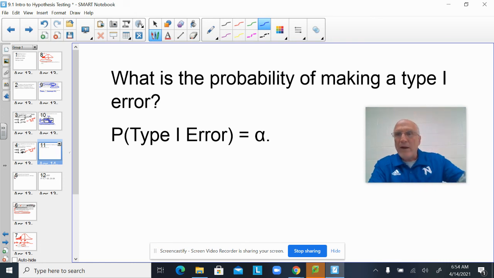It's how rare does something have to be in order for me to reject the null hypothesis? Well, let's say we're using 5%. That means that 5% of the time, even though the null hypothesis is true, I'm going to get this rare but not unheard of result. So you need to know that the probability of a type 1 error is in fact alpha.